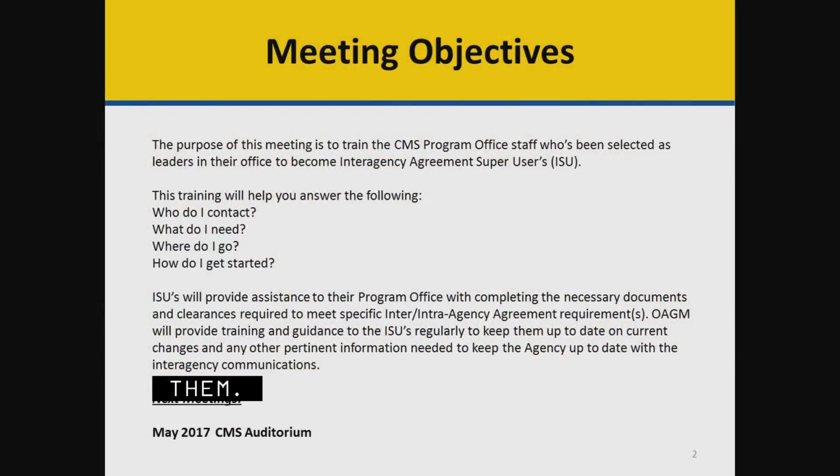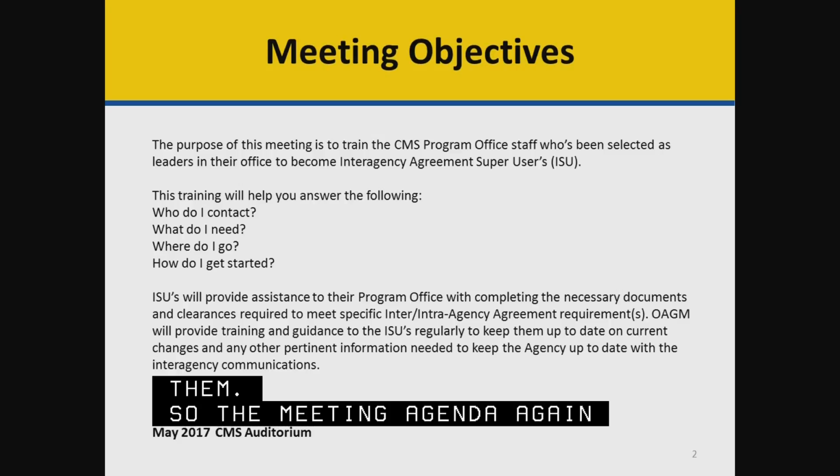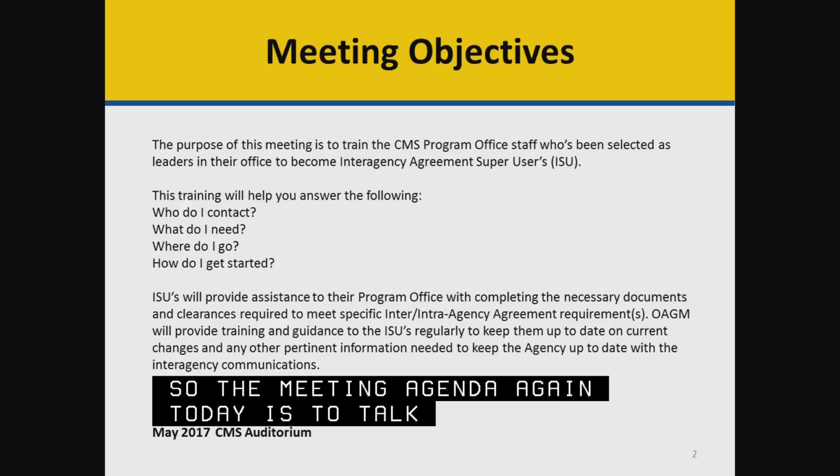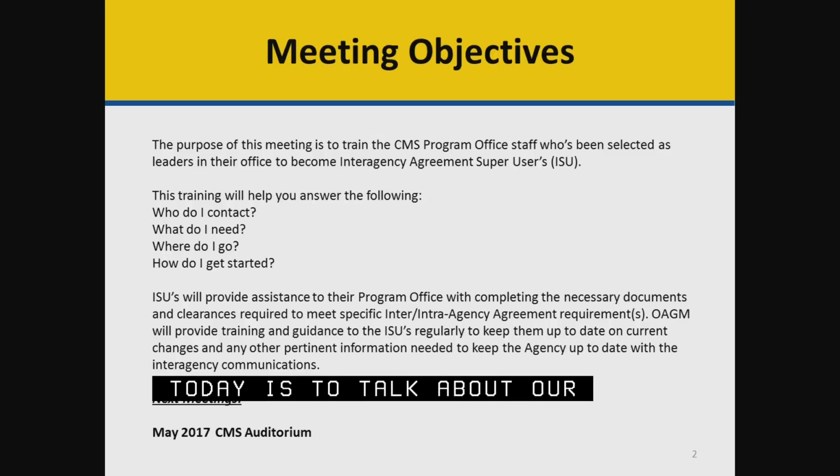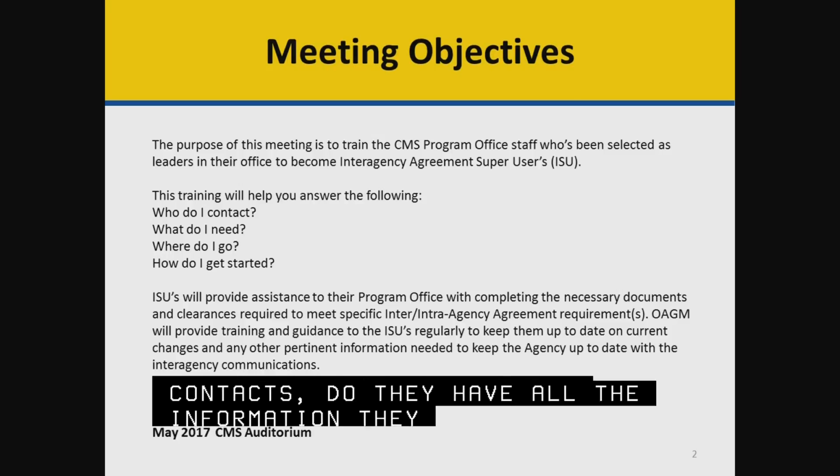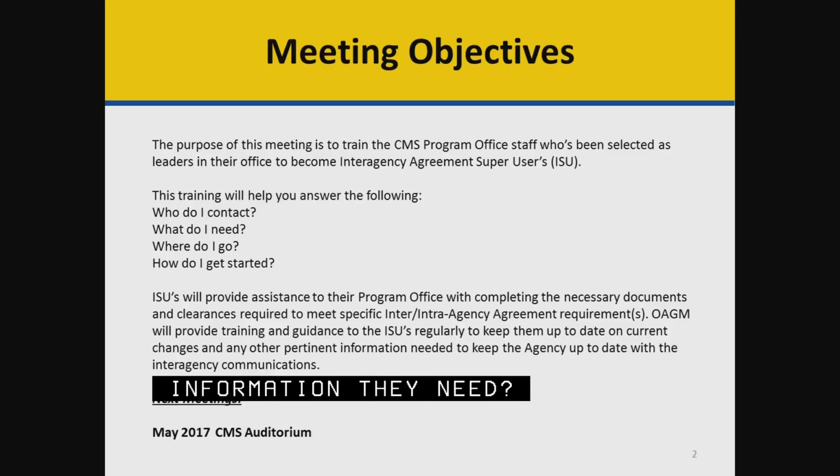So the meeting agenda again today is to talk about who do I contact, what do I need, where do I go, and how do I get started. And it's pretty much to make sure that the IAA community is fully trained and has all the information that they need. You all are always welcome to come to Renita and I and Jaime. We'll always be there to address any of your concerns, but we also want to make things ready and available to you.